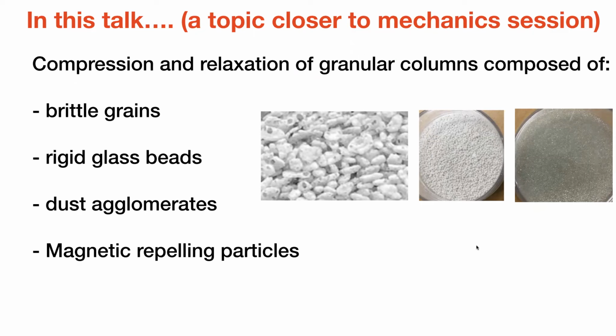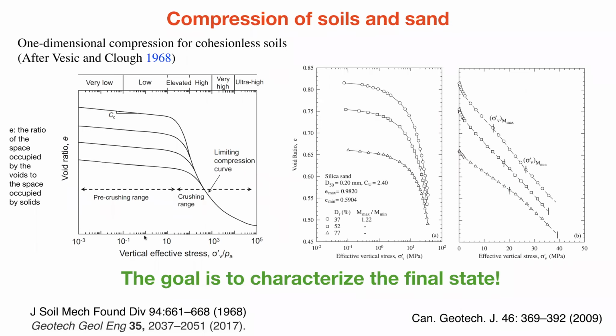So if you go to the literature, you will find that the most typical plot that is analyzed during the compression of soils and sand is the void ratio versus the vertical effective stress. So basically, you put a granular sample, you compress the material for a given load, for instance, 10 megapascals, and then you observe the change of the unloaded material to the void ratio that is reached with this stress.